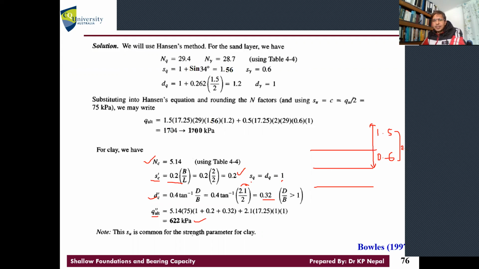2.1 meter. So did you get this value now for the second layer? Compute. Do your calculation, all right? If you do it here, it will be more clear.